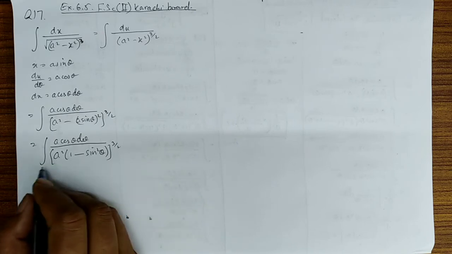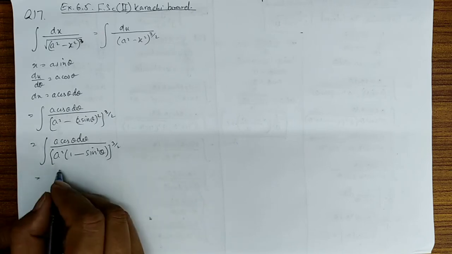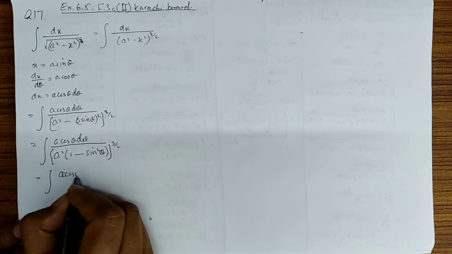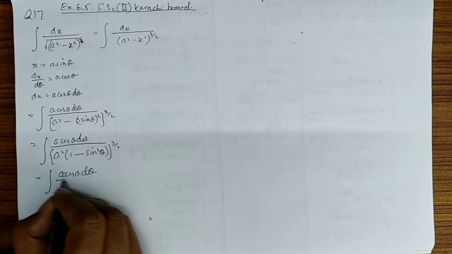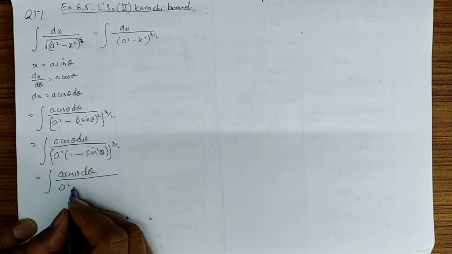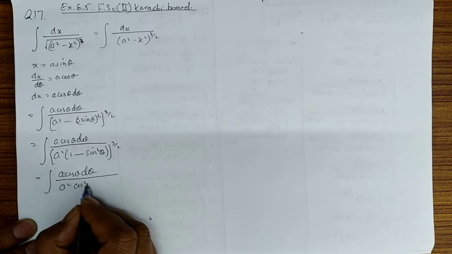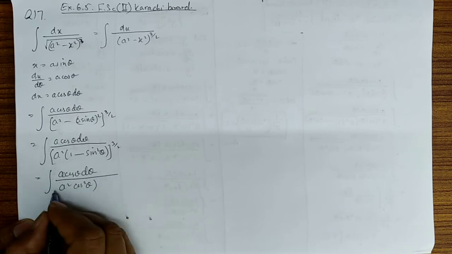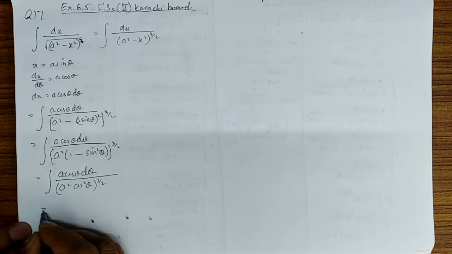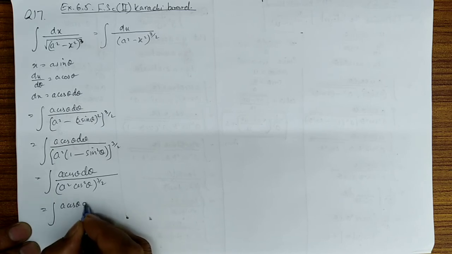Now by taking this a cos theta d theta whole divided by a square, in place of 1 minus sin square theta I can write cos square theta, and that is 3 upon 2 outside, integral of a cos theta d theta.